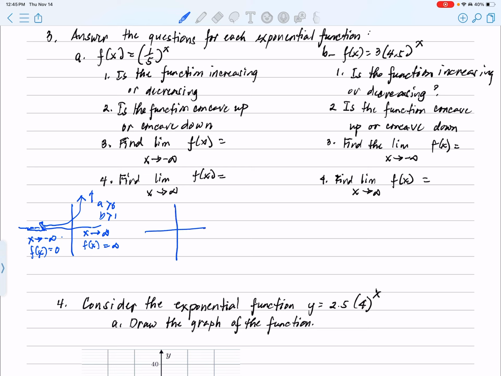The curve looks like this. This is a greater than 0, but b is less than 1. So as x approaches positive infinity right here, the function gets closer and closer until it approaches or equals 0. While here, as x approaches negative infinity, the function of x equals positive infinity. There, going up positive.